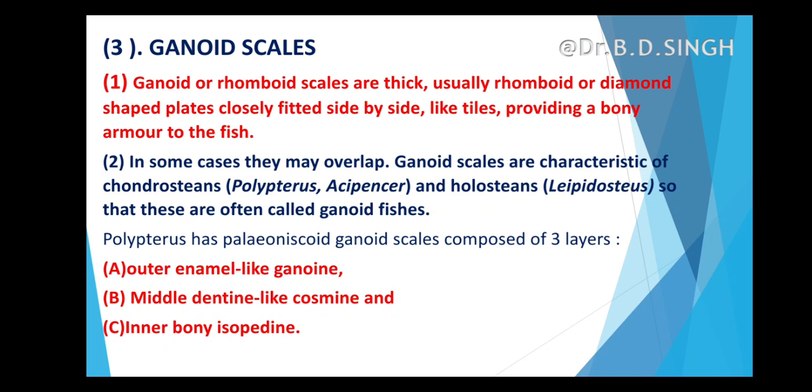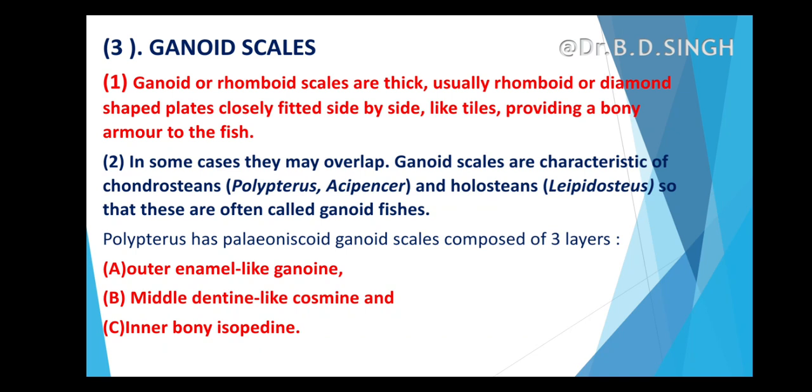Ganoid scales are characteristic of Polypterus, Acipenser, and Holosteans, for example, Lepisosteus. These are often called ganoid fishes.